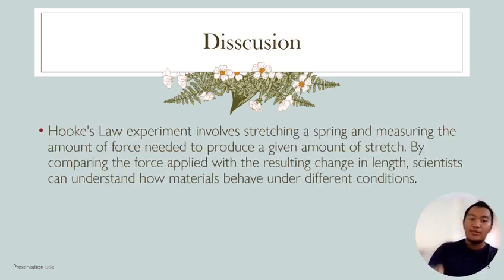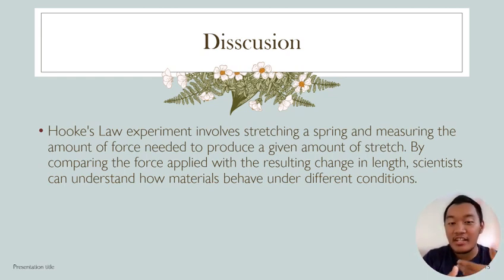Hooke's law experiment involves stretching a spring and measuring the amount of force needed to produce a given amount of stretch. By comparing the force applied with the resulting change in length, scientists can understand how materials behave under different conditions.